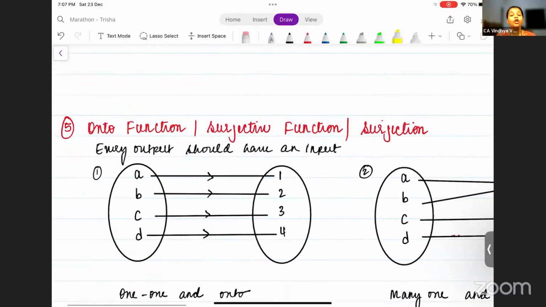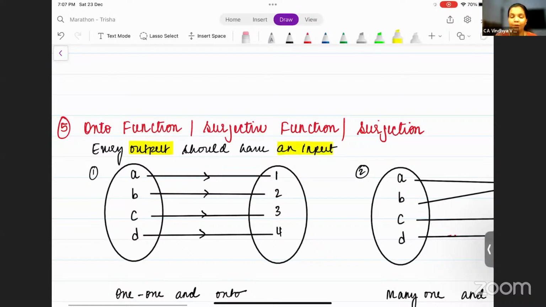Onto function, surjective function or surjection, where every output has an input. Till now we studied that function means every input should have an output. So onto function, surjective function, means every output should have an input.